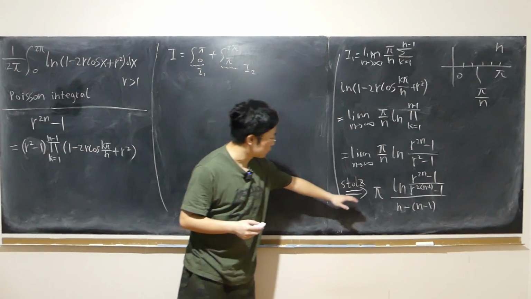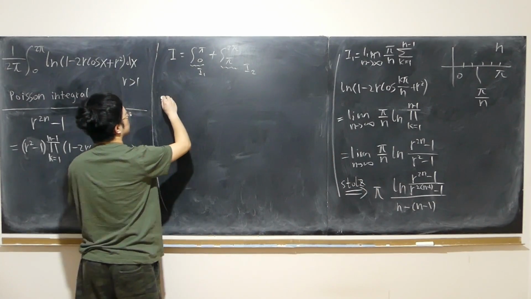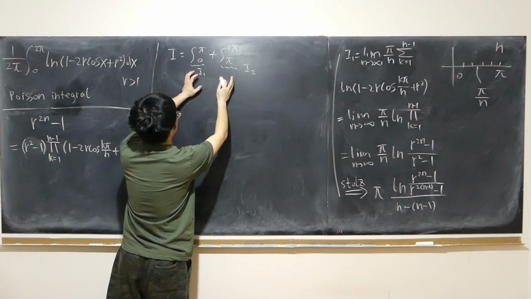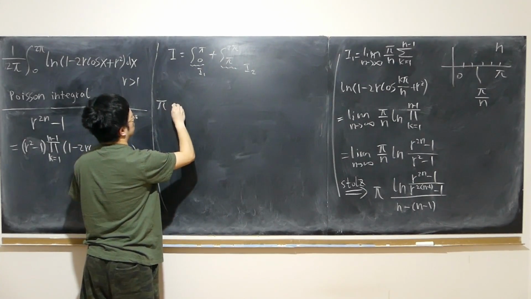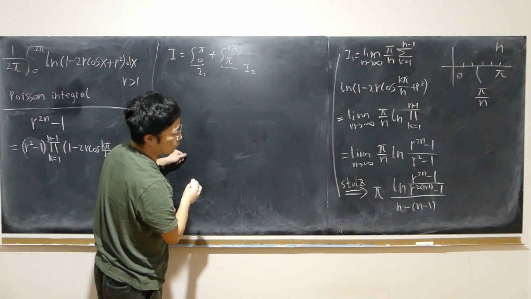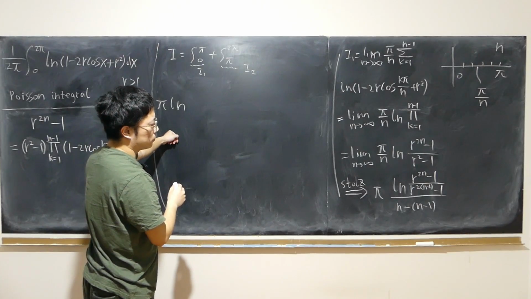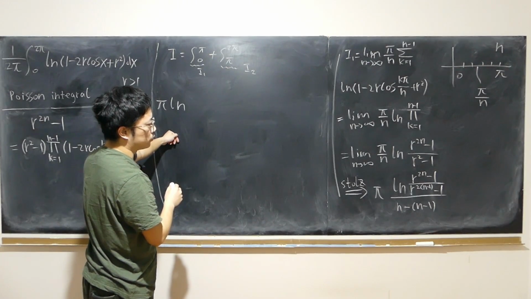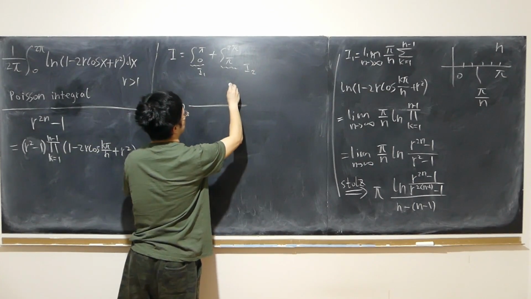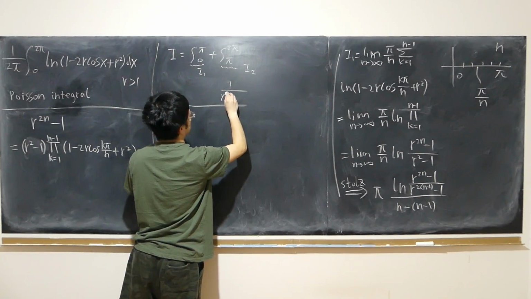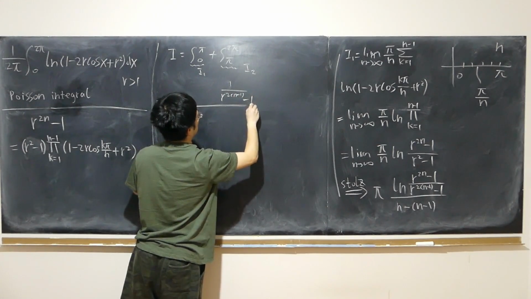So according to Stoll's theorem, I've just reached this part. Remember, these two integrals are the same. So that's pi, pi times the bottom becomes 1. Just need to work out log of, then I want to divide everything by r to the power of 2 times n minus 1. So that becomes 1 over r to the power of 2 times n minus 1, minus 1.